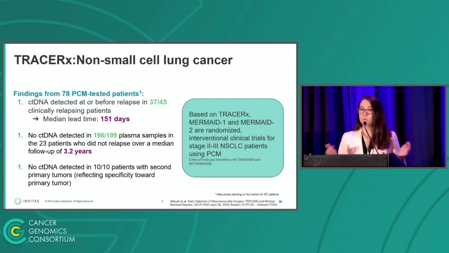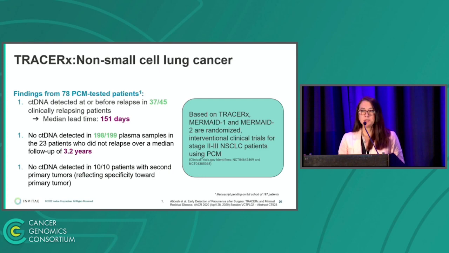And there was a whole range of lead times, as you might imagine, with all those different sort of standard of care variable methods of using imaging in clinic, but the median lead time was about 5 months. No ctDNA was detected in most of the patients who had not yet shown any evidence of clinical relapse. There was one patient out of 23, one sample out of that patient, that did come back as positive, and they had still not shown any evidence of relapse.